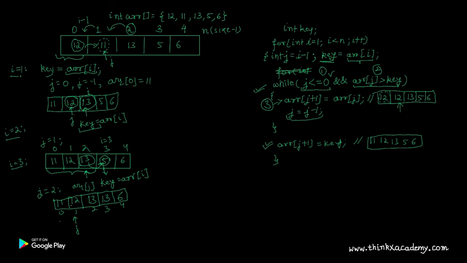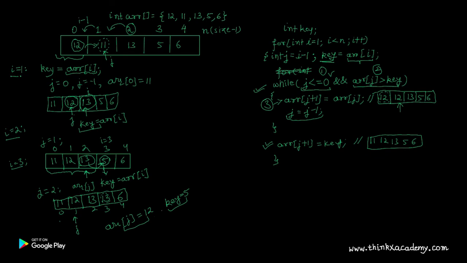So first let's check this condition, array j is equal to 12 and the value of key is equal to 5. So remember, we are going to compare it with the key and not the value at the i position. So we know that the value of key is still less than this array j position.